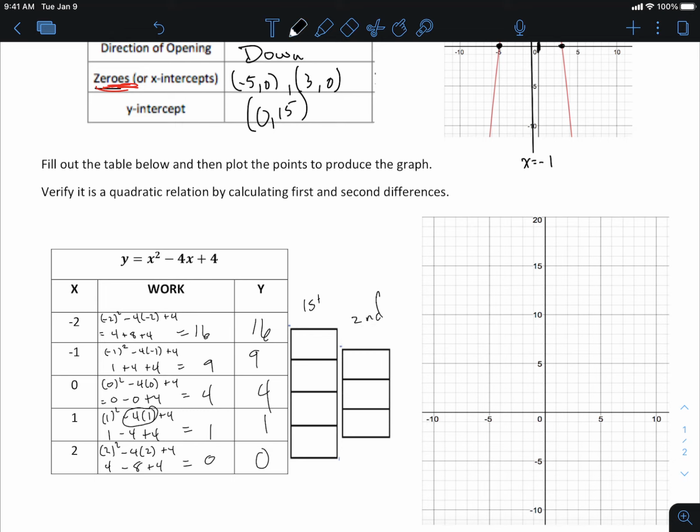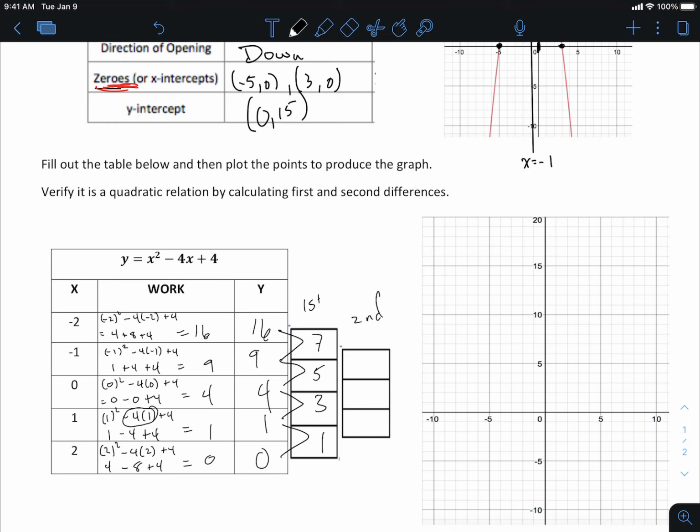Okay, if I were to do the first differences on these, I'm going to see that 16 minus 9 should be 7. 9 minus 4 is 5. 4 minus 1 is 3. And 1 minus 0 is 1. Okay? I can see kind of a pattern going on there in the first differences.